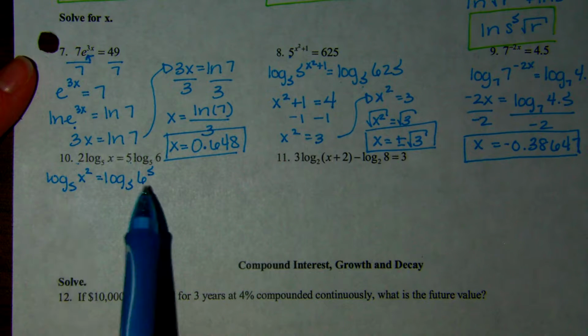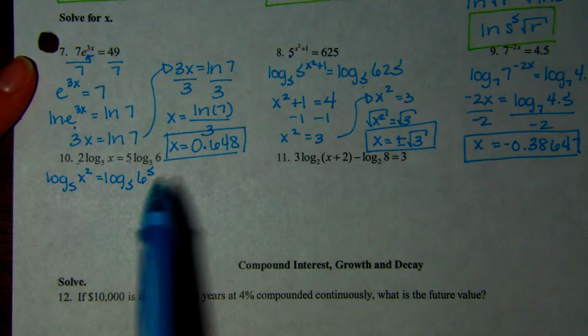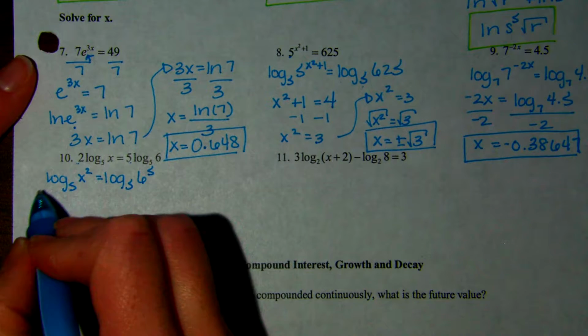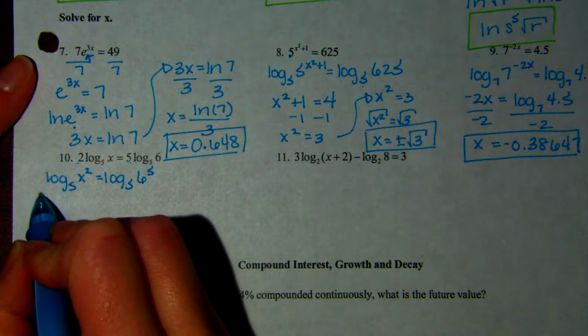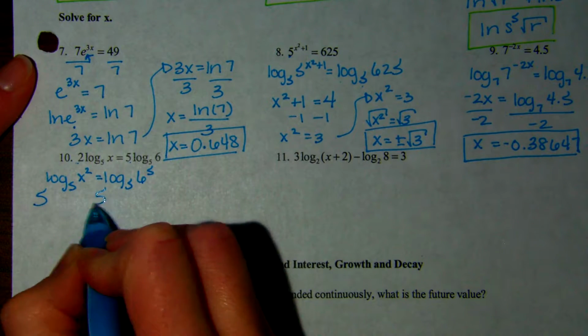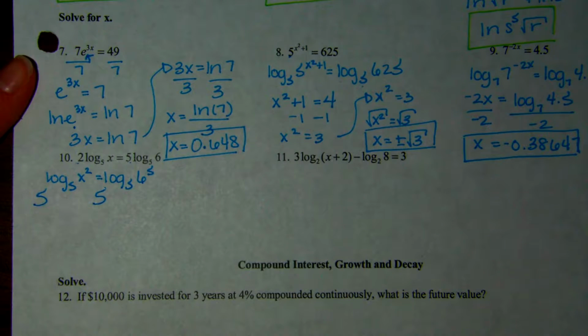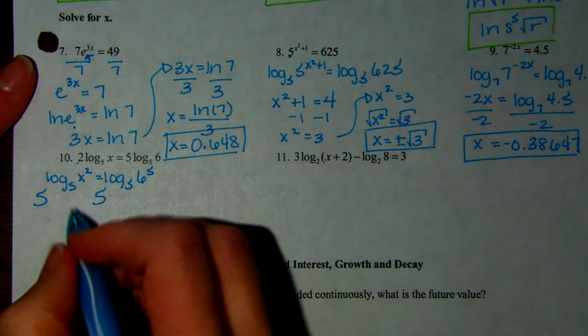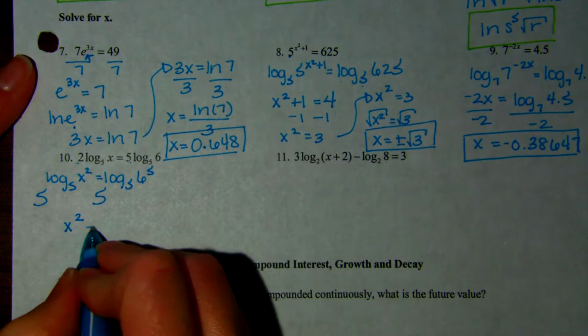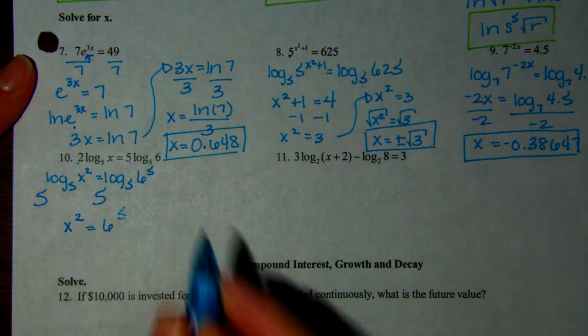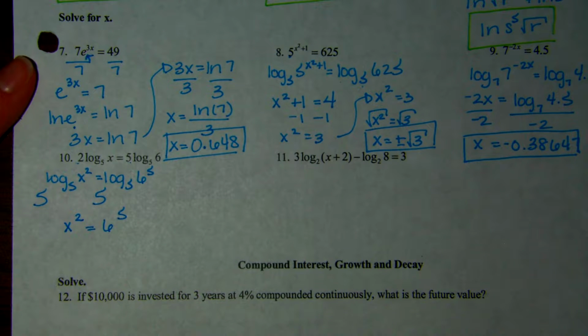And now that the things with the logs are completely alone, we raise both sides to the base power. So this is log base 5. I'm going to make those both exponents on 5. And so I get x squared is equal to 6 to the 5th power.